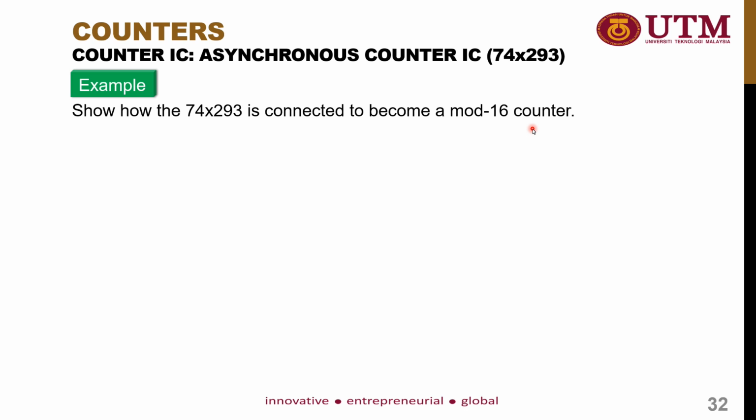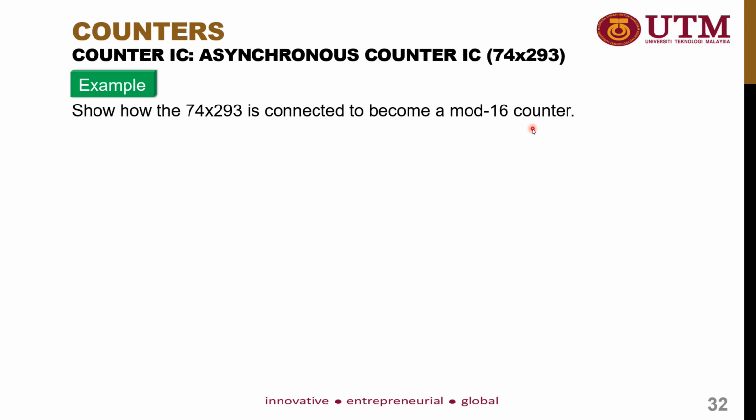For example, if you want to count from 0 to 9, you need a total of 10 states, so you need a mode 10 counter, because 0 until 9 needs 10 states: 0, 1, 2, 3, 4, 5, 6, 7, 8 and 9. Each of those numbers represents a state.